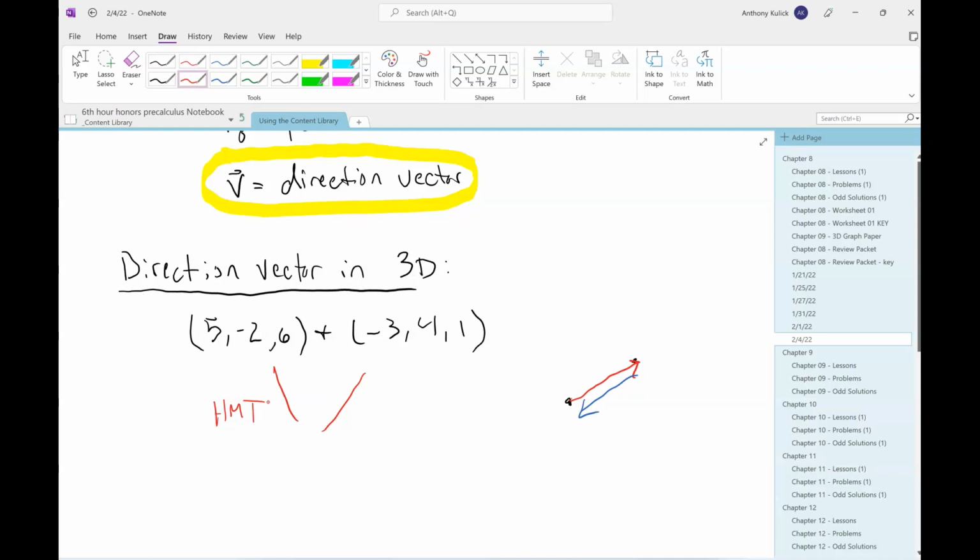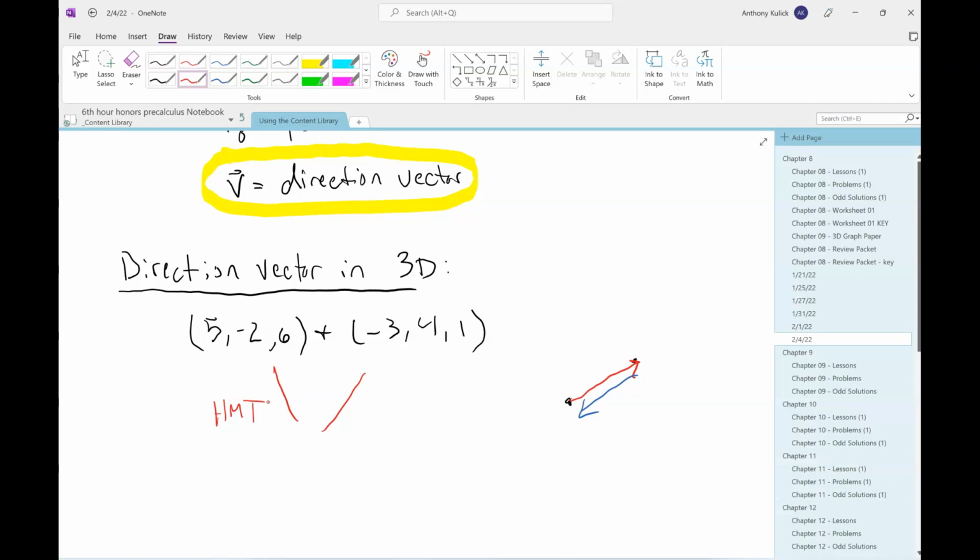Everybody agree with that? Now, does it matter which one I choose as the head or the tail? Nah, it doesn't. Both the red arrow and the blue arrow that we drew are valid direction vectors for our line, so it doesn't matter which one I make the head and which one I make the tail.